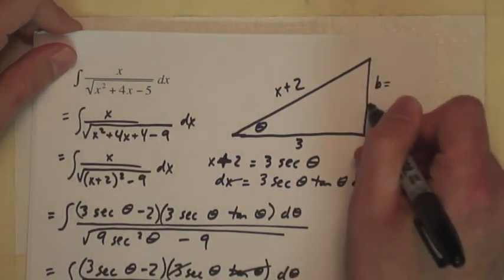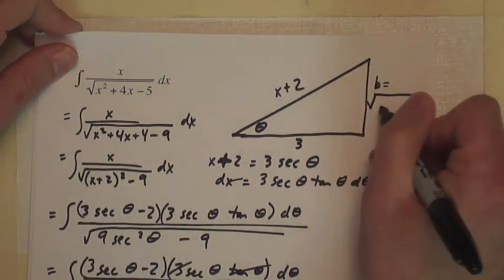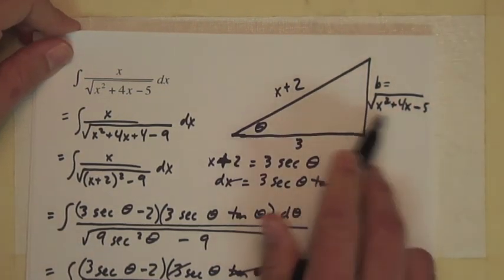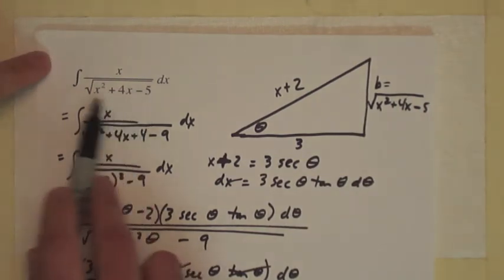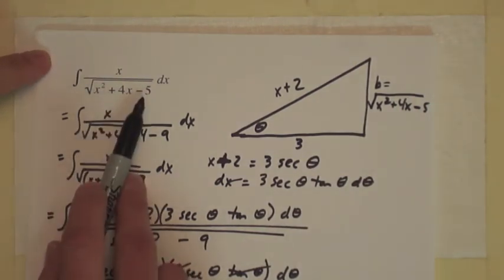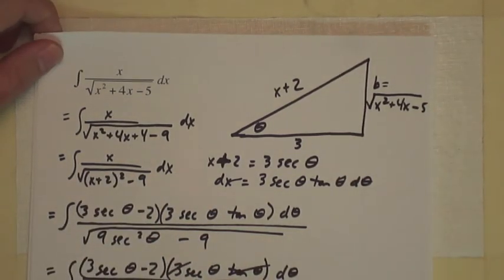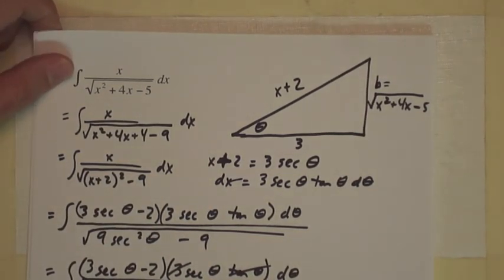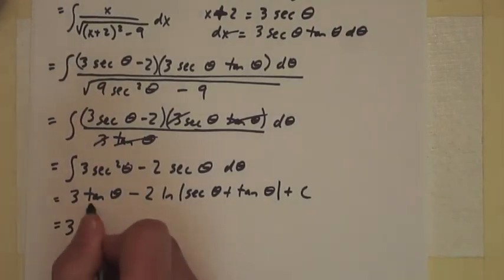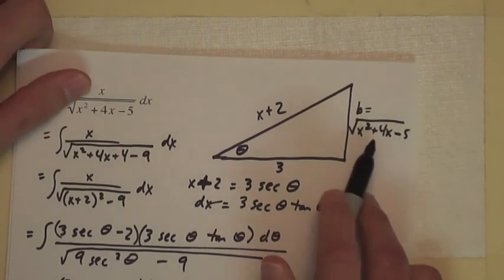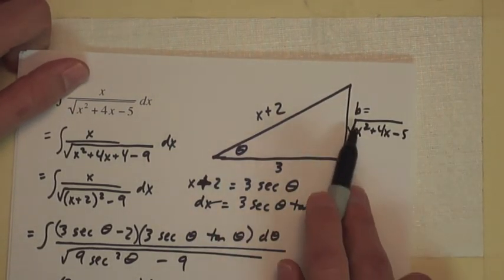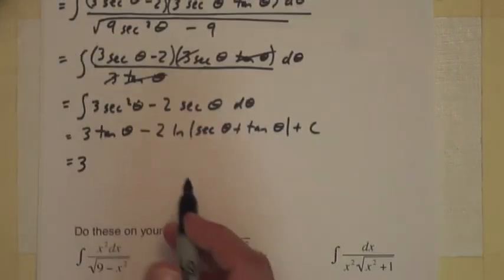But what you're going to find out is that after all the dust settles, b is square root x squared plus 4x minus 5, which is a good thing because that's an expression directly from our original question, showing that we're on the right track. So now you can read off what is tan theta. Tan theta, according to the triangle, is opposite over adjacent. This square root divided by 3.